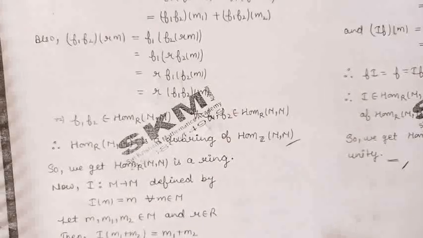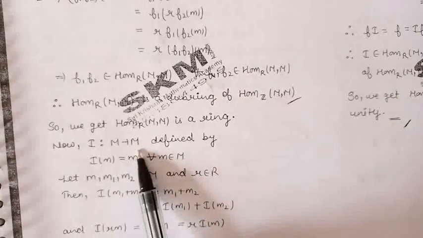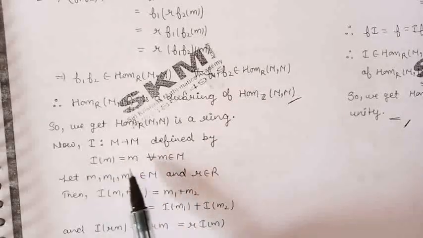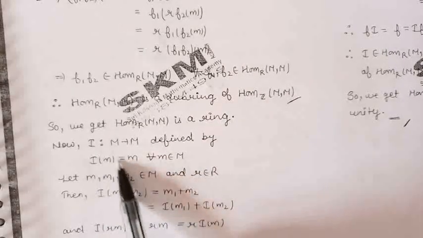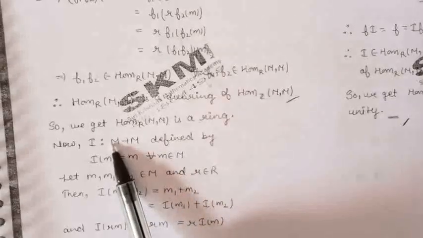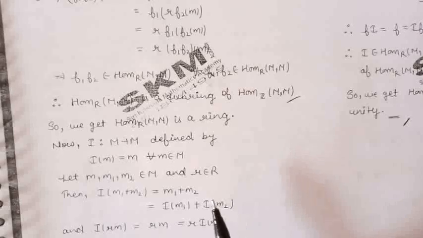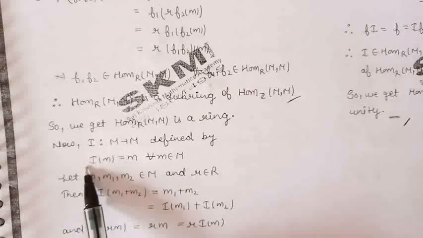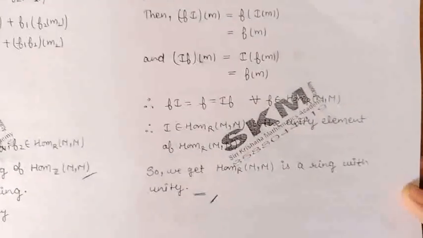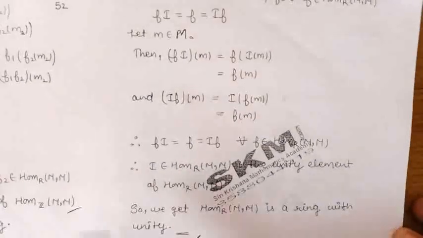So let us define the mapping I from M into M by the image of m being equal to m, where m is an arbitrary element of module M. And you can easily verify that this I is an R homomorphism of module M. Now we are to verify that for F belonging to the ring of homomorphisms of module M, F into I is equal to I into F is equal to F.